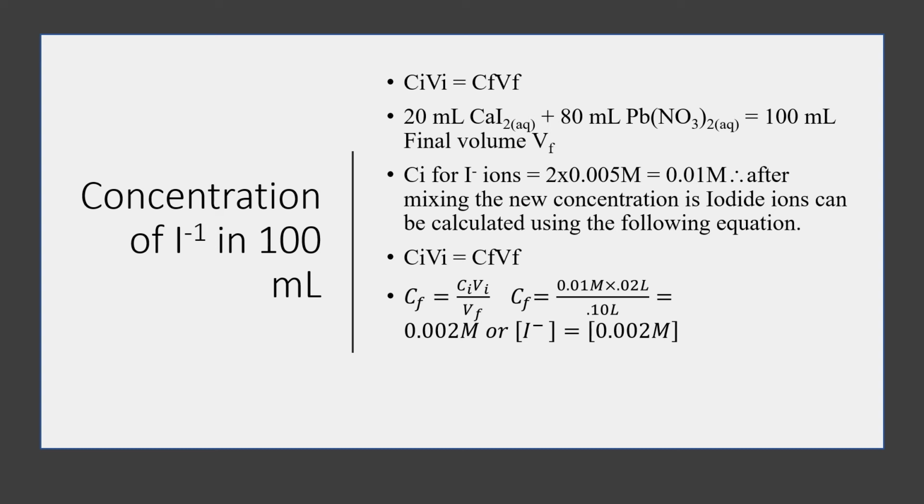So CiVi = CfVf. The initial volume is going to be 0.02 and the final volume is going to be 0.10. 100 mL is 0.1 liters. So we're going to use those values and solve for the concentration of iodide, and the final value will be 0.002 moles per liter. So this is the concentration of the iodide ions in the solution.